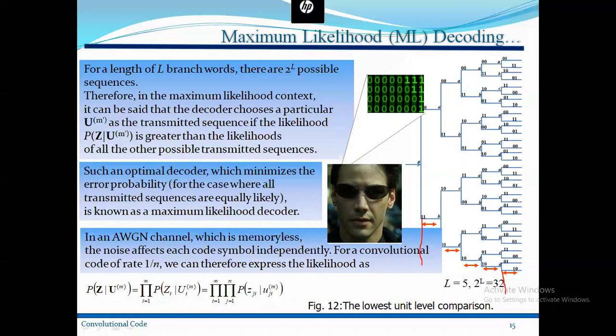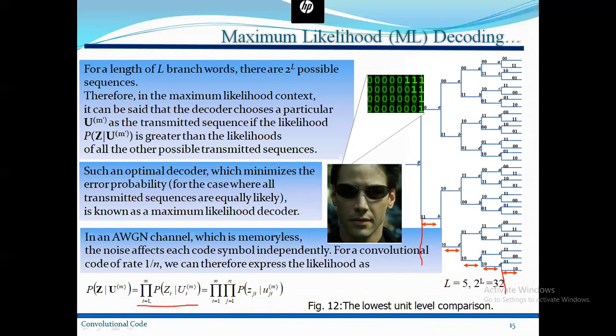So in fact, we are calculating the probability, and we consider that the channel is Gaussian and affects each symbol independently. So we can write the probability to maximize for the whole sequence as the product of the conditional probabilities in the sequence.